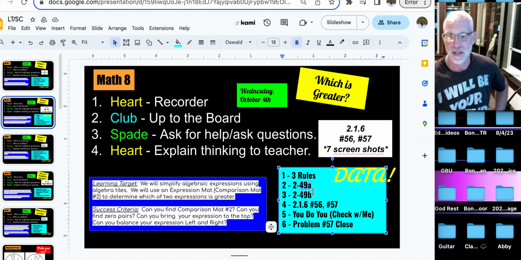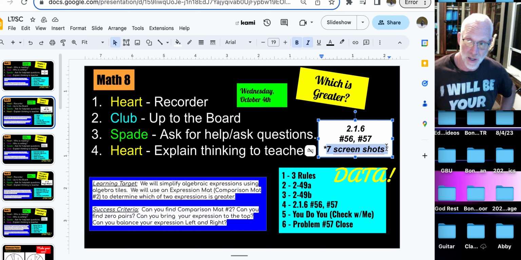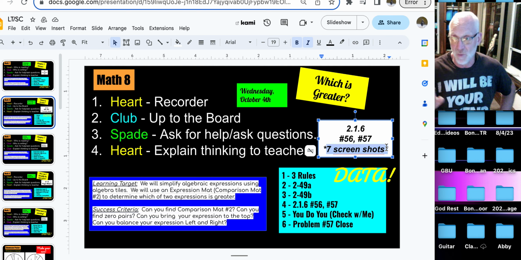If we get through that, we got through three rules, and then we did 49A together, and then we did 49B. Then I'm going to send you in your groups to work on 2.1.6 in your ebooks, problems 56 and 57, and you owe me 7 screenshots. You can send them all one at a time on Google Stream, or you can send me one email with 7 screenshots.